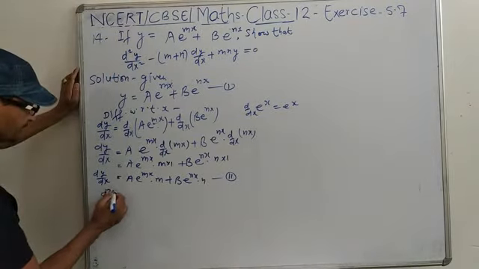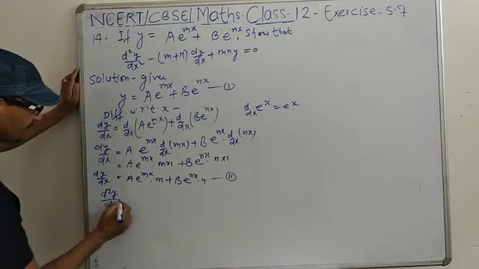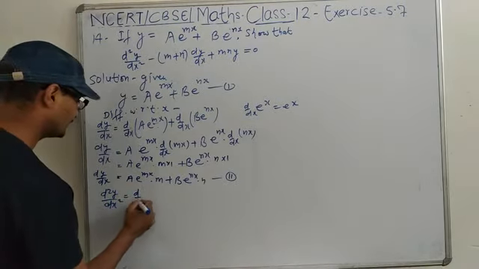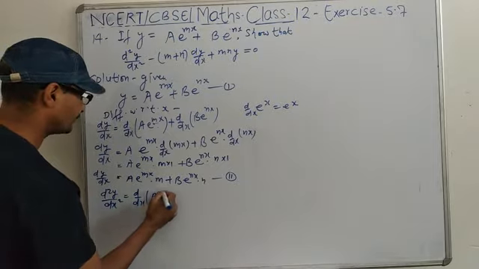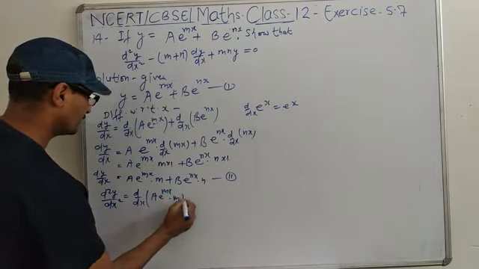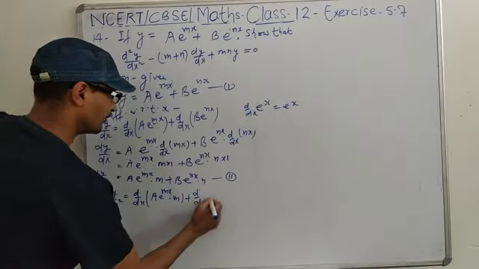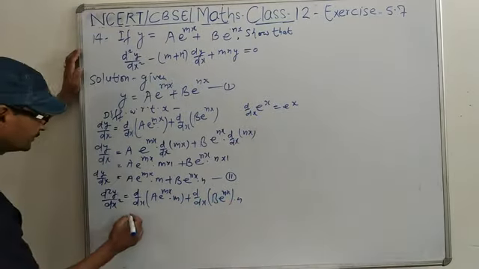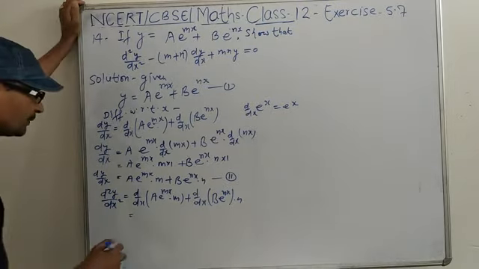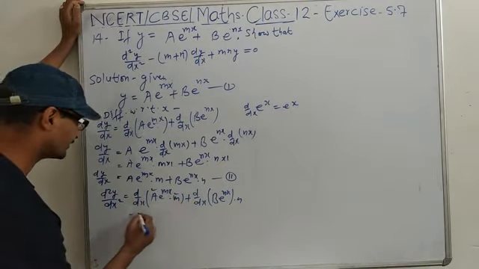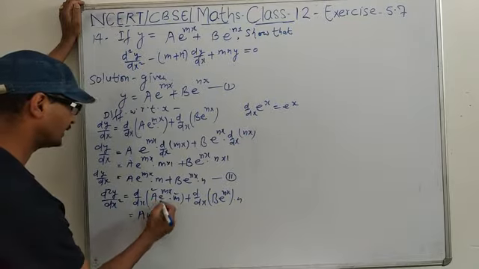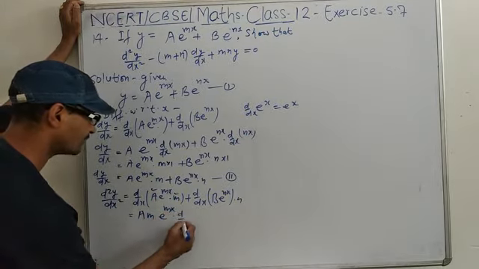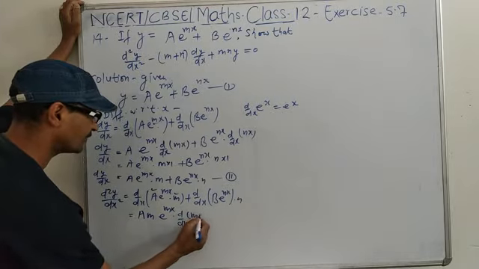So again we differentiate: d2y by dx square equals d/dx of a e power mx into m plus d/dx of b e power nx into n. Here a and m are constants, and e to the power mx differentiates to e to the power mx, again d/dx of mx.